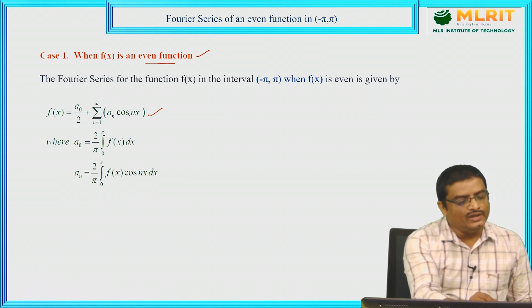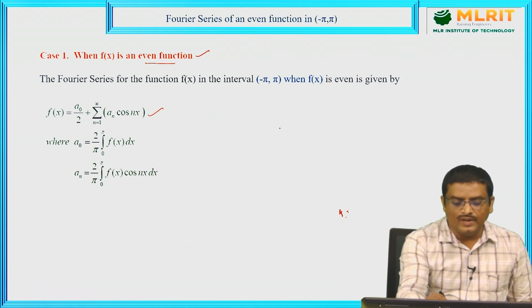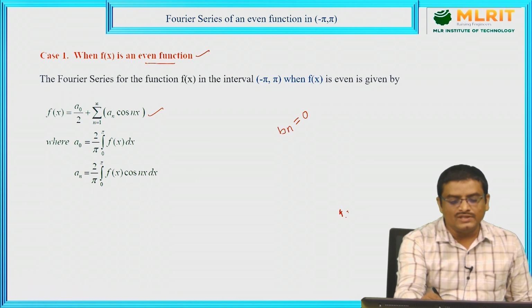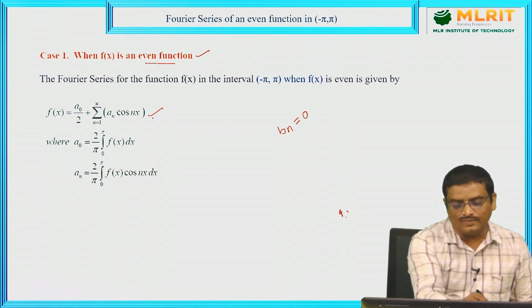In this standard formula we don't have the b n term, since the function is an even function, this b n value becomes 0, so we neglect the b n term.